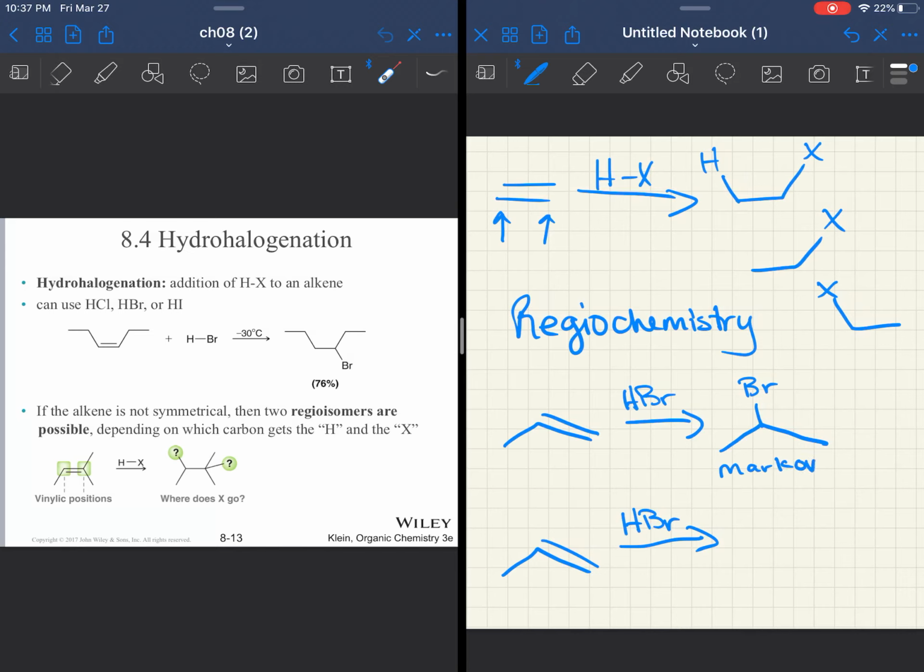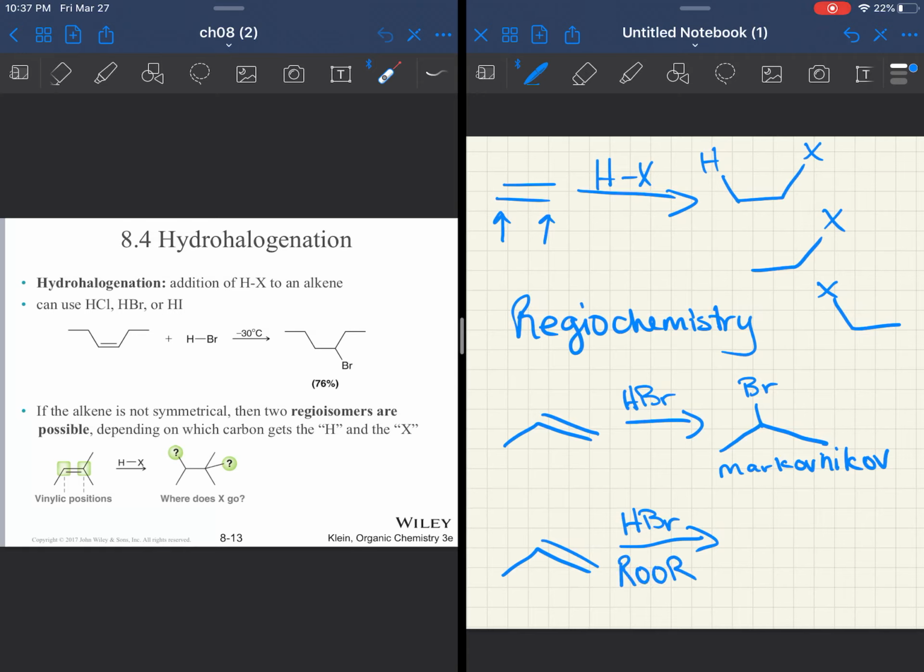This is known as the Markovnikov product. Right? When HBr goes, what if you want it on the less substituted side? I want to control how to build my molecules, so I might want that product as well. Instead of two bromopropane, maybe I want one bromopropane.